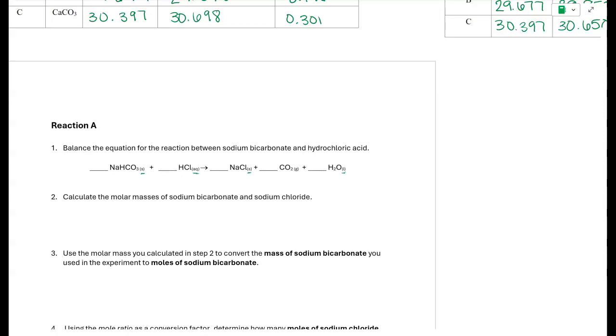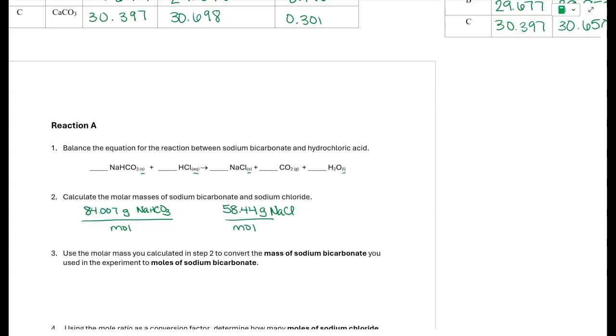And so if we add a sodium, a hydrogen, a carbon, and 3 oxygens, then we get 84.007 grams of sodium bicarbonate per mole. And then for sodium chloride it is 58.44 grams per mole.